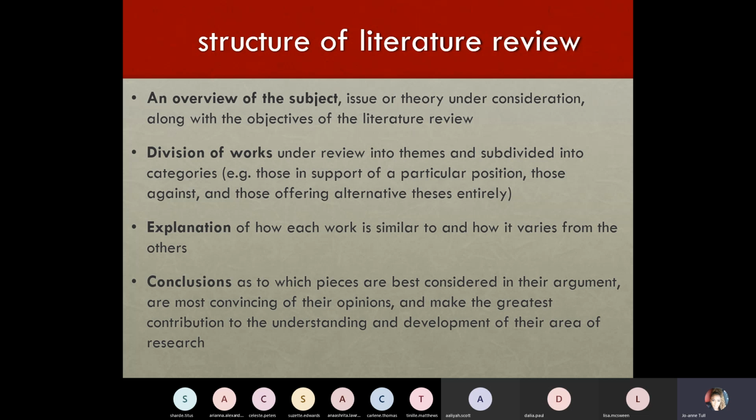Your literature review actually comprises two broad stages or phases. The first is building an annotated bibliography, and the second one is creating or formulating the actual literature review based on that annotated bibliography. Everybody gets that?